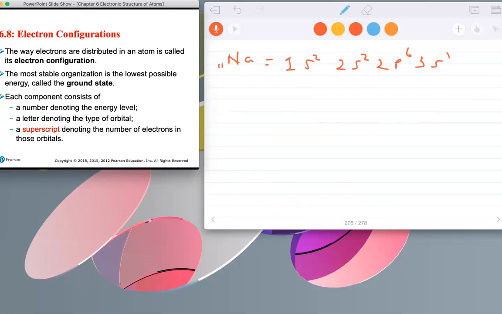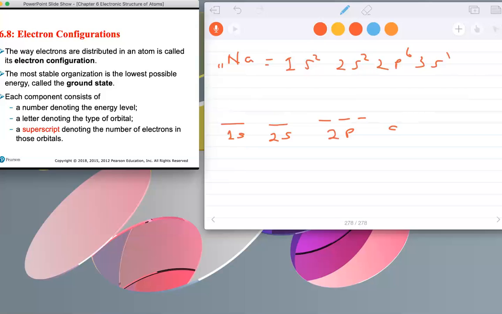They increase in an odd number sequence. So this is 1s. And then you go to 2s. And then when you go to 2p, it is not one line. There are 3 orbitals. Everywhere you see p, you should always see 3 of them like that.